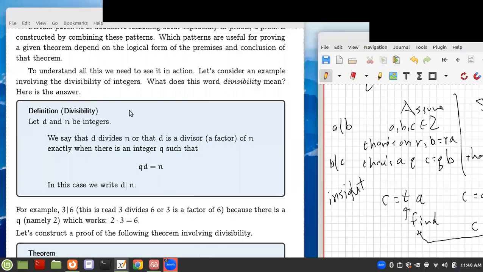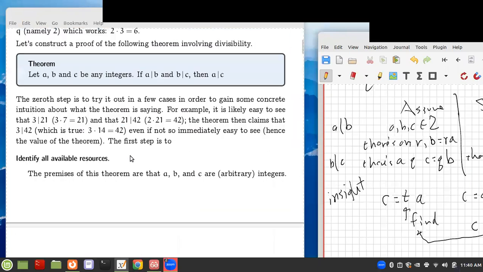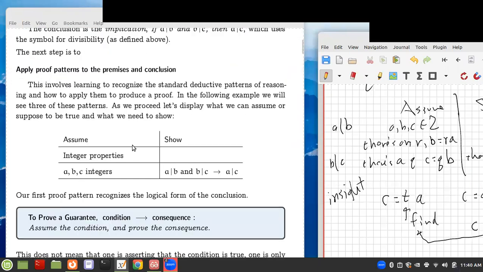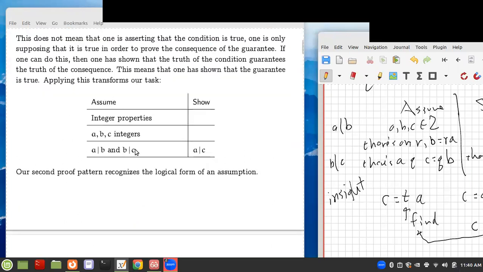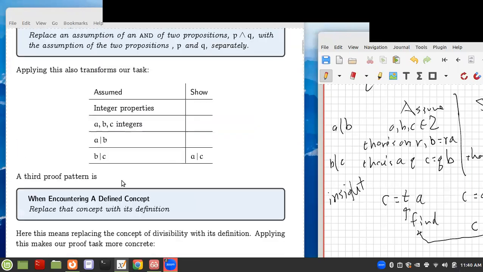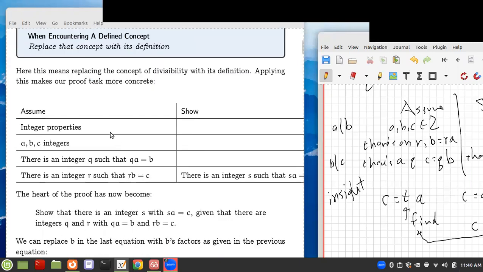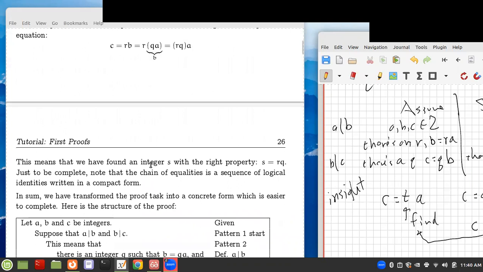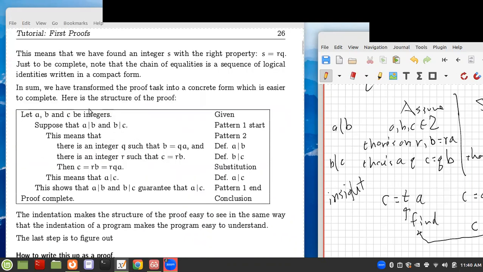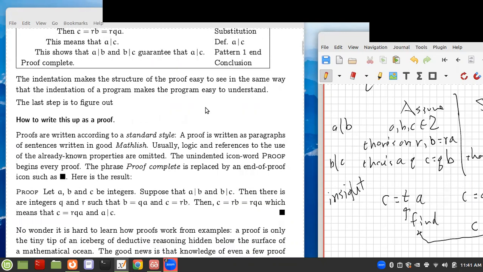Now, I have written out all of this stuff here with the assume and the show and the proof pattern, and how to use a conjunction. And then when encountering a definition, this is all written out. And then here's the heart of the proof we just got to. Here's an outline of what these patterns we've done.